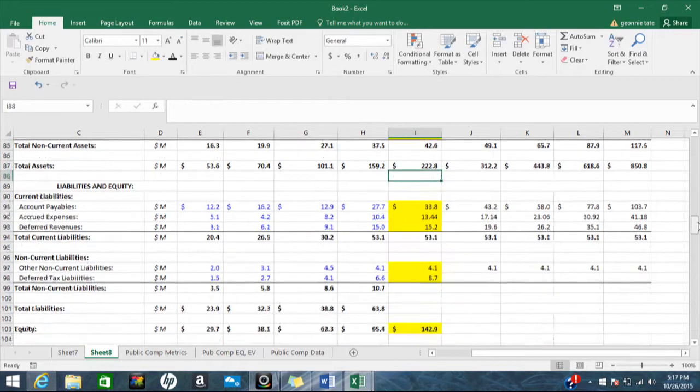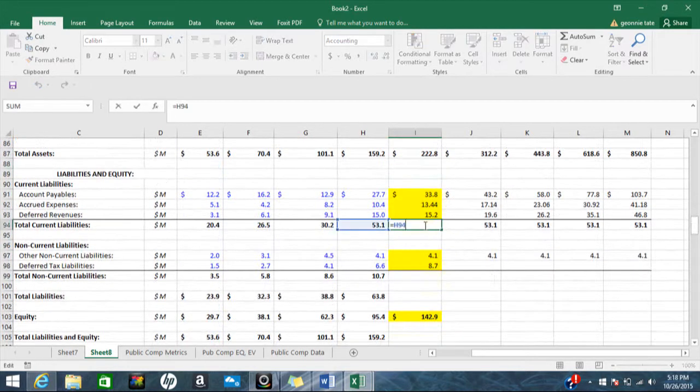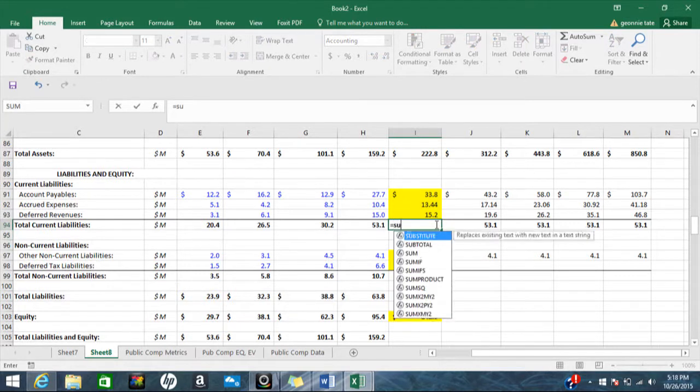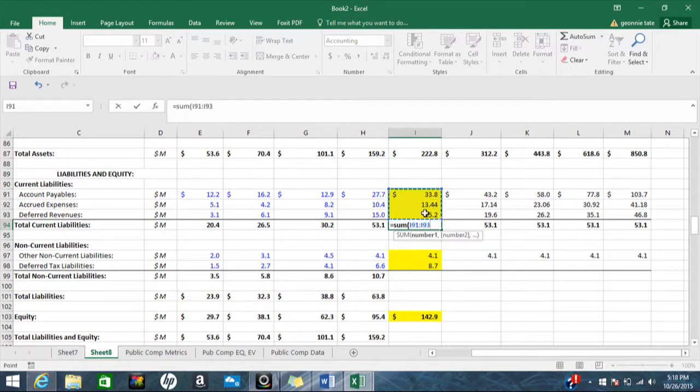And the same for the liabilities and equity side. And it's good to check because I just found a mistake there. The formula didn't copy over, just the number. So I need the current liabilities here.